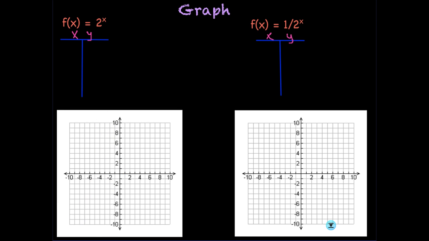Let's go ahead and plot our key points that we talked about earlier. So remember, we always want to plot 0, and then we want to go -1 and +1 on either direction. So I'm going to write -1, 0, +1. Let's see what happens when we take 2 to the -1. Remember your properties of exponents.